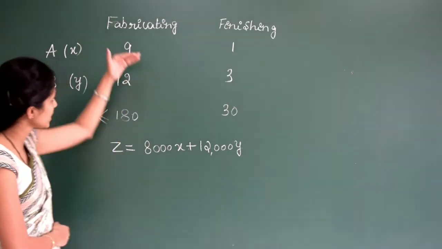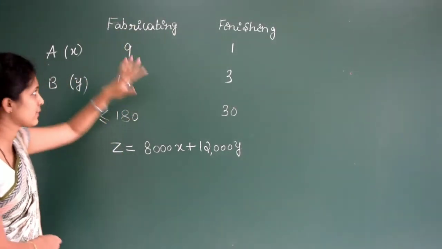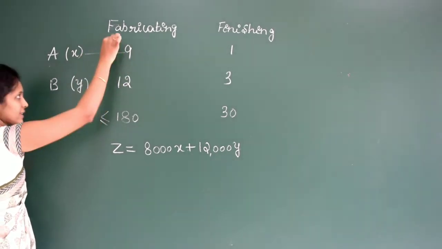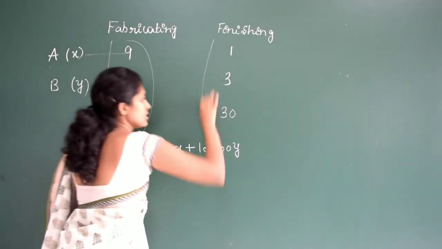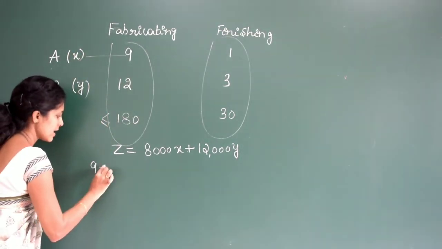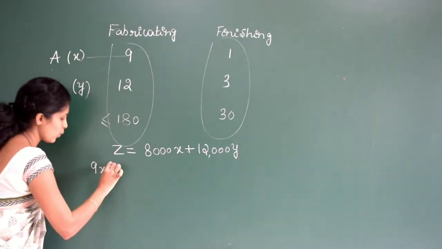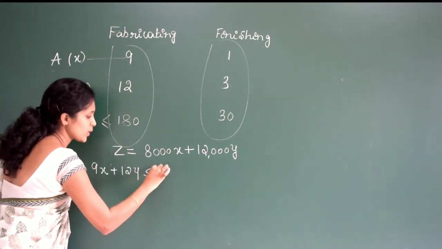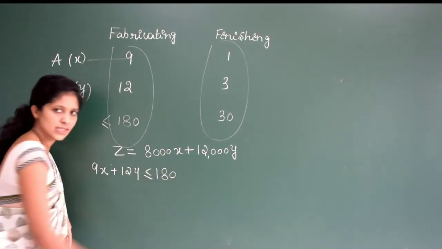Now by using these two, we'll find the equations. See this: 9x plus 12y, like this you have to consider. So this will be 9 into x plus 12 into y, which should be less than or equal to 180. So this is one equation.